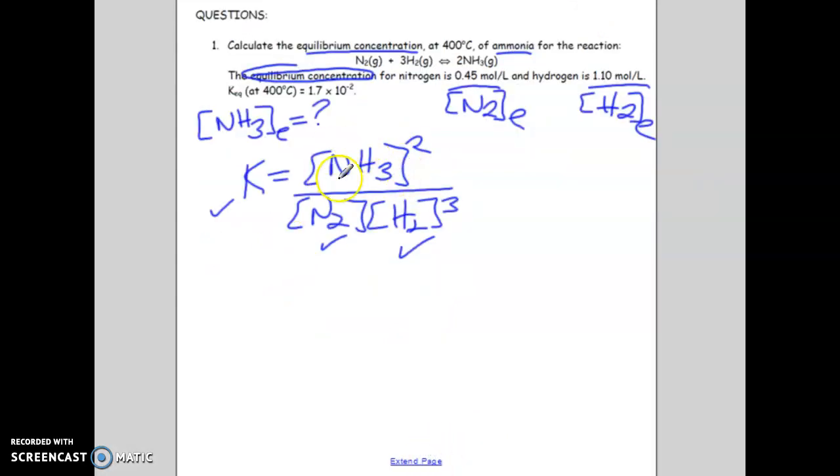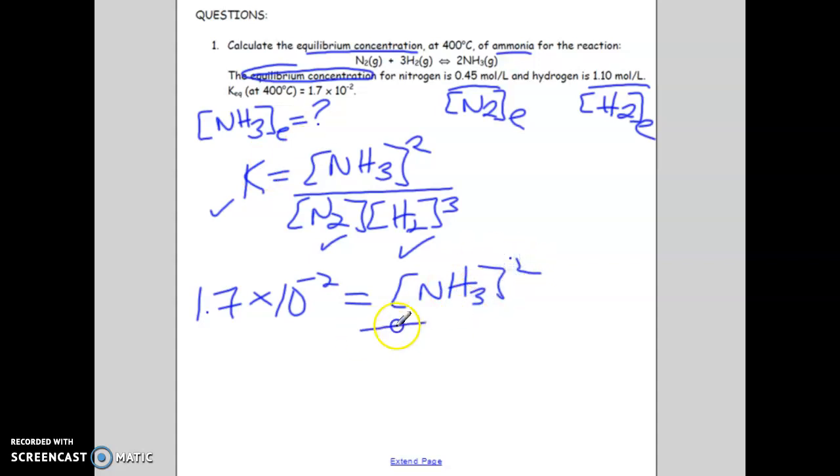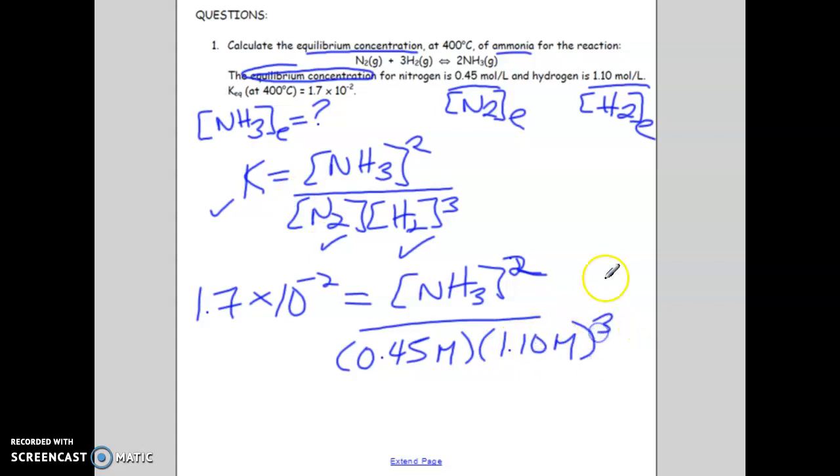So we have everything except for ammonia, which is what we want to solve for. We have 1.7 times 10 to the negative 2 is equal to our ammonia concentration squared over our nitrogen concentration, 0.45 moles per liter, and our hydrogen concentration, and that is cubed from the coefficient.